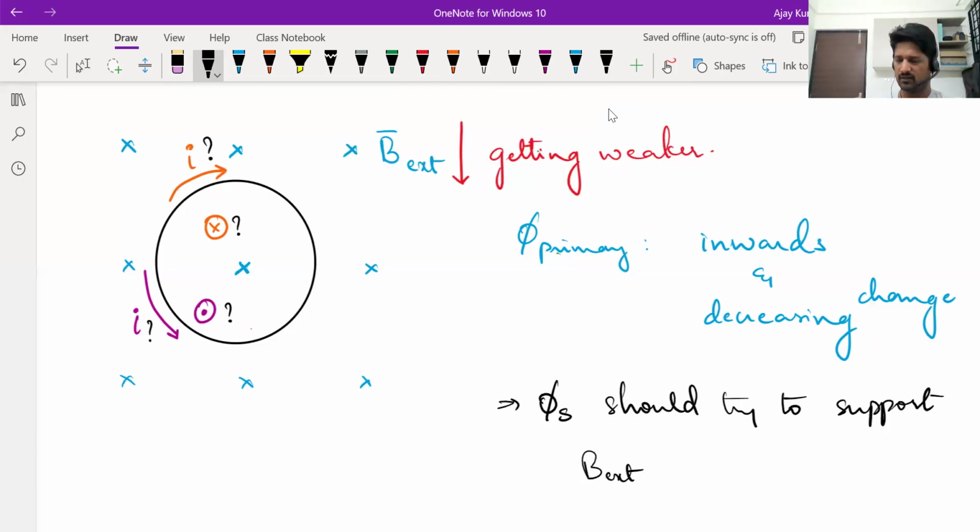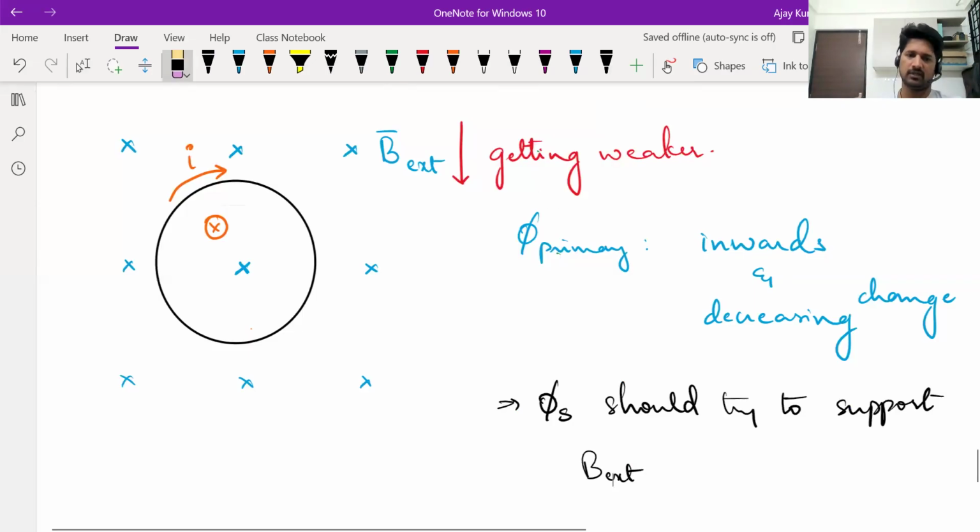External field is into the screen. So the secondary flux also should be into the screen, which means current must be clockwise in this case. So based on what is happening to the primary flux, you can tell what should happen to the secondary flux. Based on that, you can tell how the current should be flowing, clockwise or anti-clockwise.